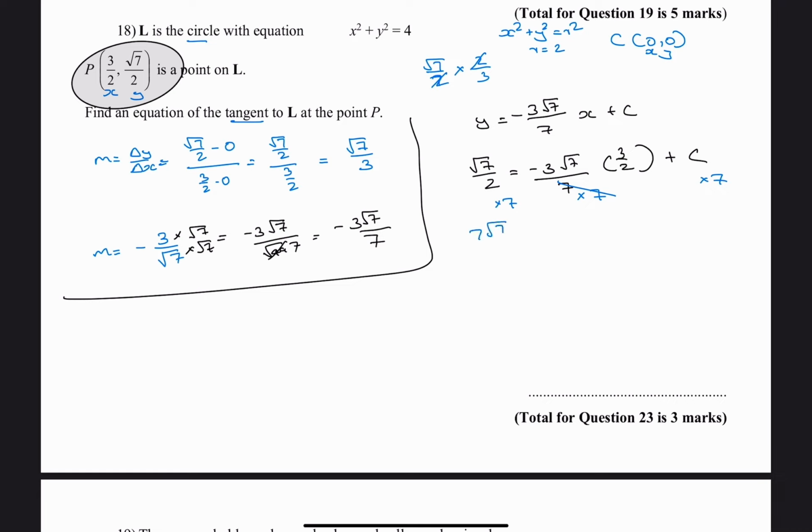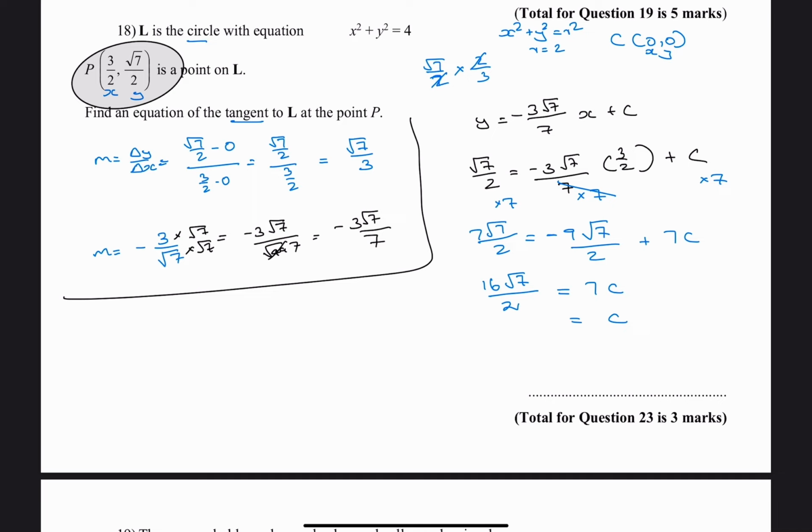7 root 7 over 2 equals minus 9 root 7 over 2 plus how many? 7c. Instead of taking away, you add. 7 plus 9 is 16 root 7 over 2 equals 7c. c is, what's that?